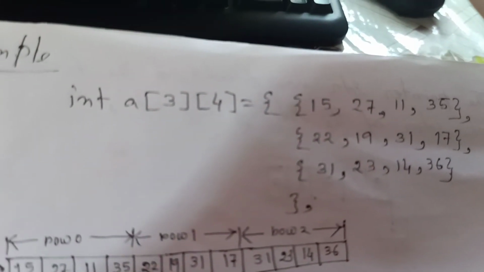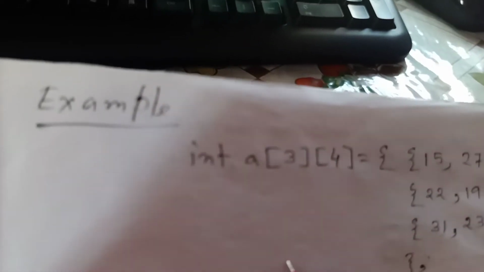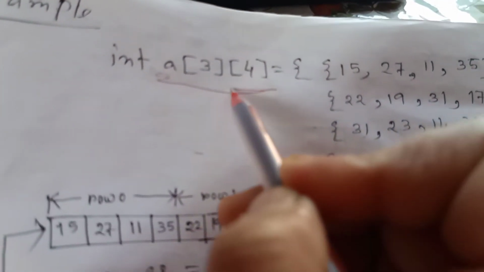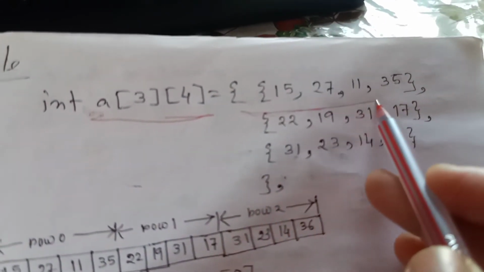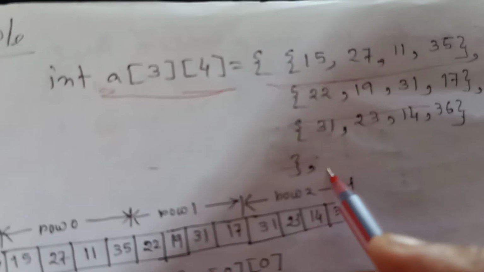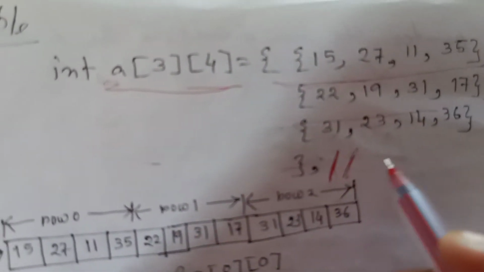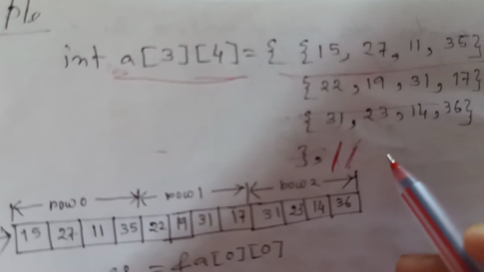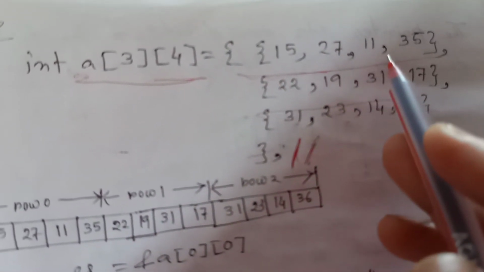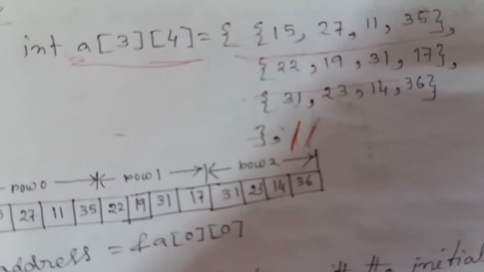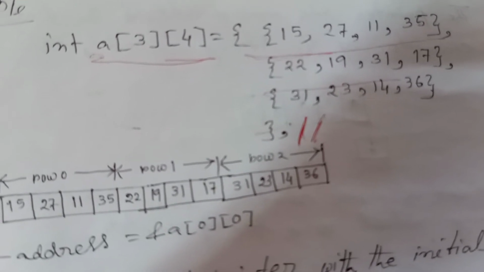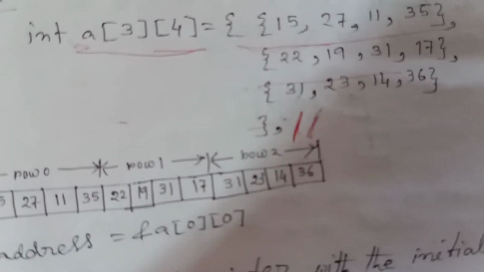In A[3][4], this is a two-dimensional array. Okay, and we can also declare the array elements in this way, as we learned in two-dimensional array representation. So 15, 27, 11, 35 is the first row elements, 22, 19, 31, 17 the second row elements, and 31, 23, 14, 36 is the third row elements.